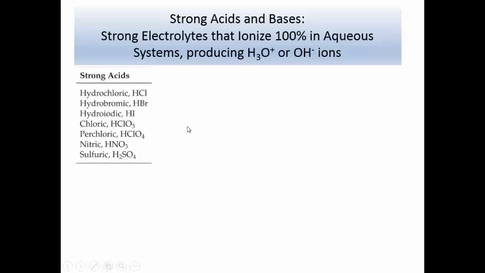Here's a list of strong acids. Like I say, think of them as ionic compounds, combinations of a cation, which is always the positively charged hydrogen ion, and an anion. The first three on the list here have halide anions, and the last four are polyatomic anions.